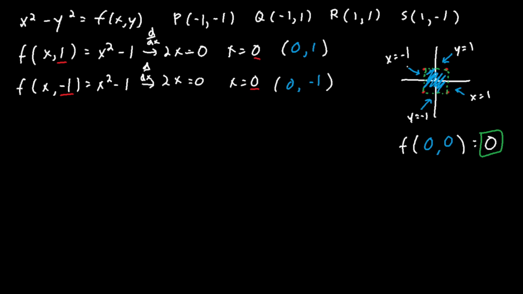Okay, let's parameterize with the x values now. So let's set x equal to 1. Let's keep y the same. If we set x equal to 1, we get 1 minus y squared.